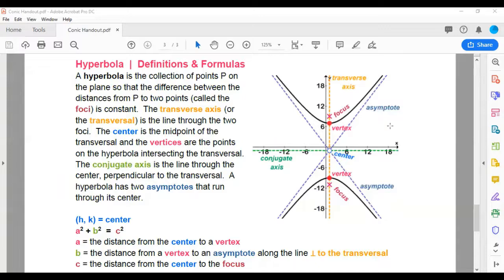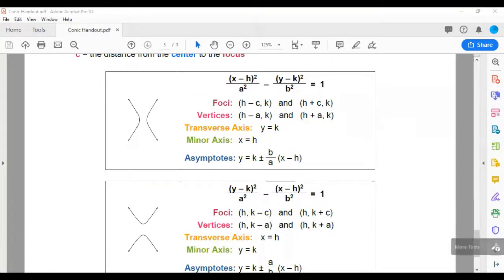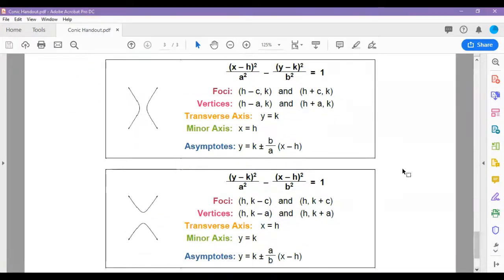All right, so let's go ahead and look at the formulas for these things. So we're going to have two kinds of hyperbolas. This one down here looks like the one we were just looking at, and this one here is sideways. So again, the shape of the equation for these objects looks very similar to the ellipse.